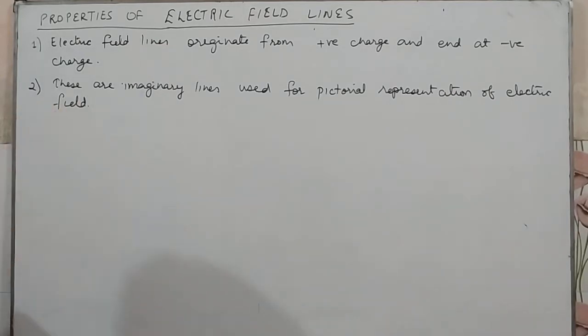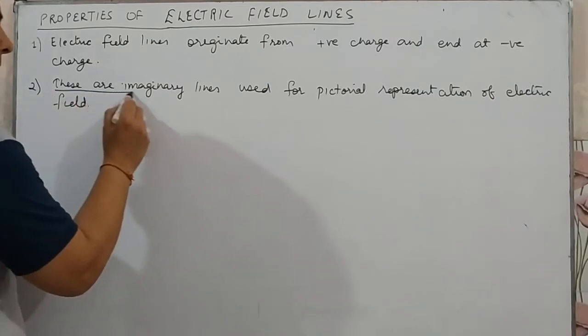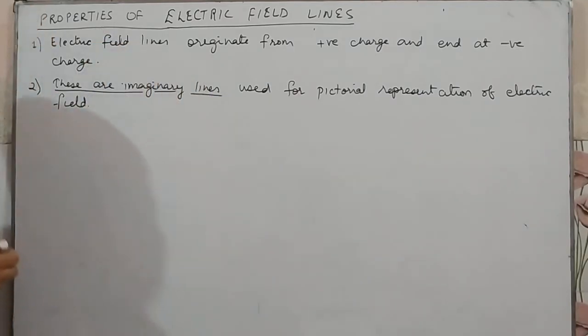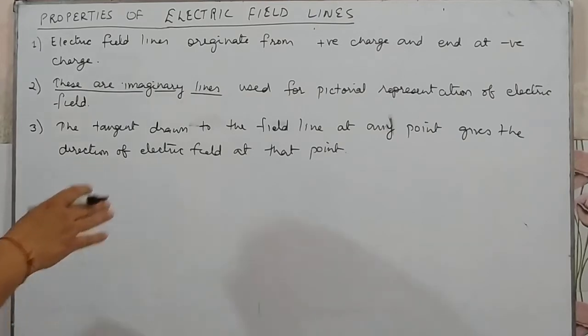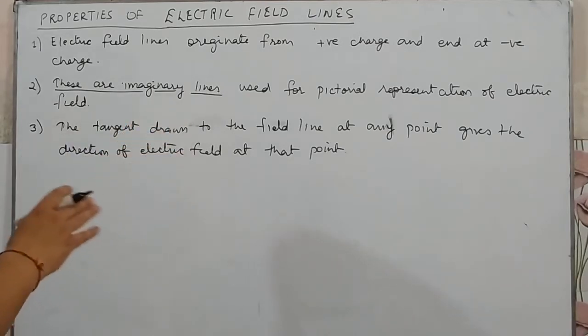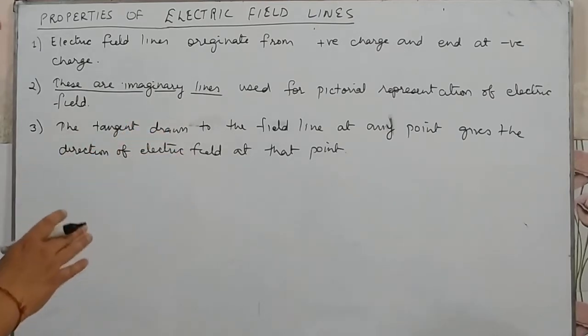Second thing, which we have already discussed, is that these electric field lines are imaginary lines. And why are they used? They are used for the pictorial representation of the electric field. The third property is, the tangent drawn to the field line at any point gives the direction of the electric field at that point.